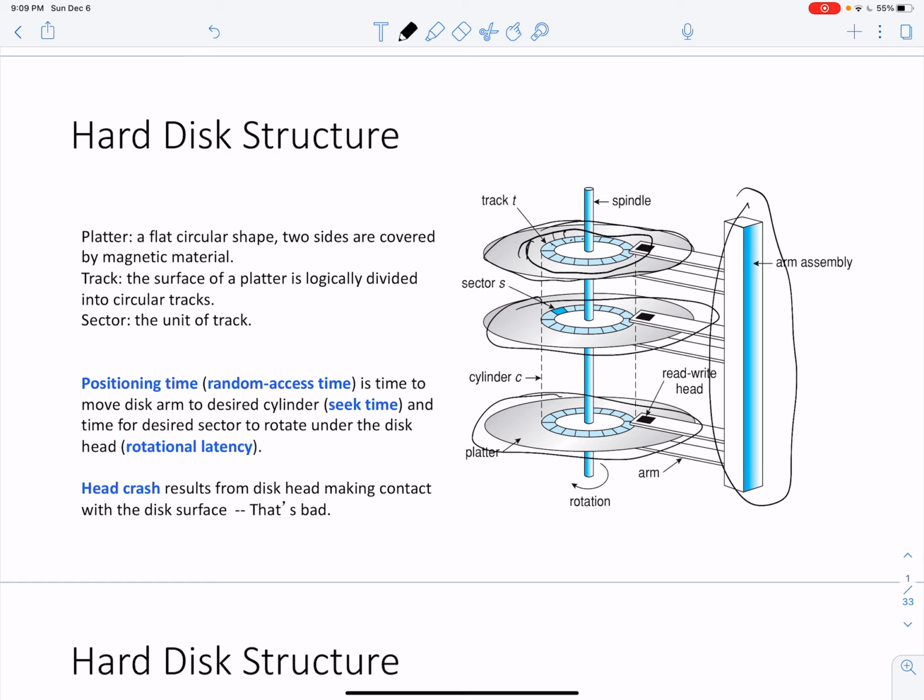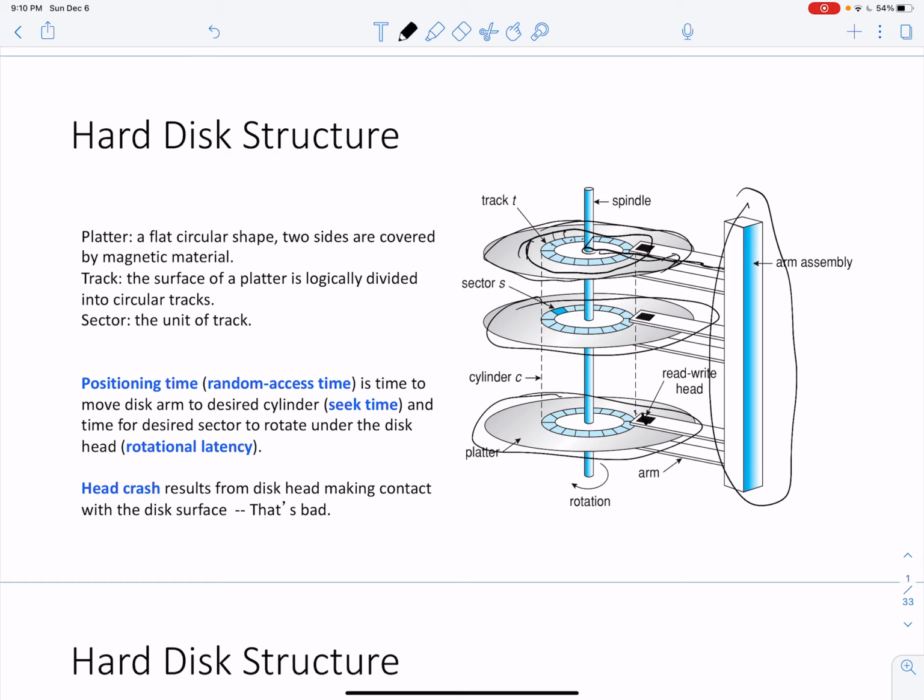The arm can go inside and go outside. The objective is to move the read and write head to the cylinder that contains the file or content that we want to read. If you issue a command saying that you want to read a certain file, there are two operations that we must do before you can really read it.